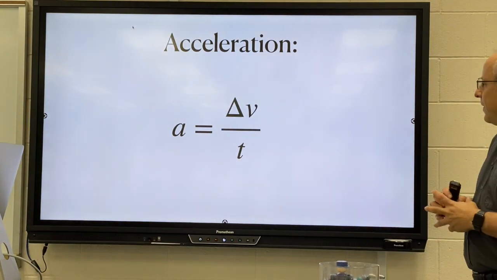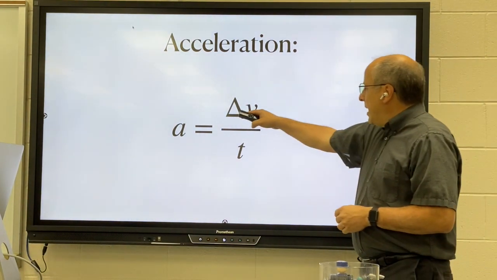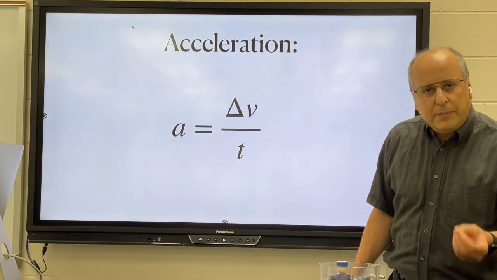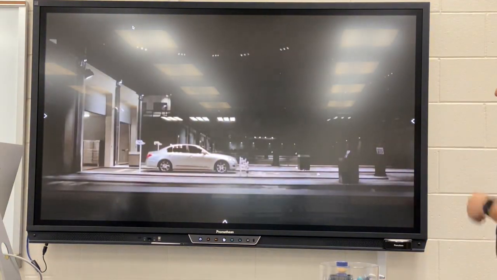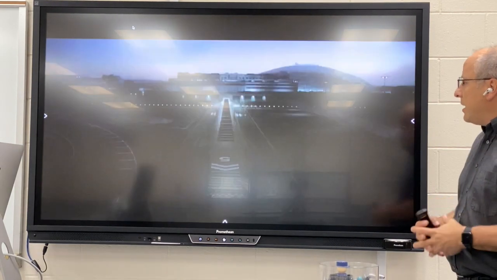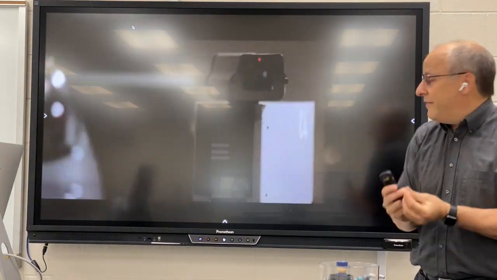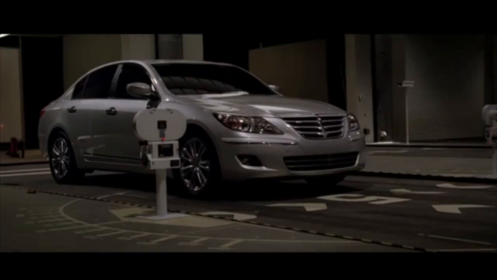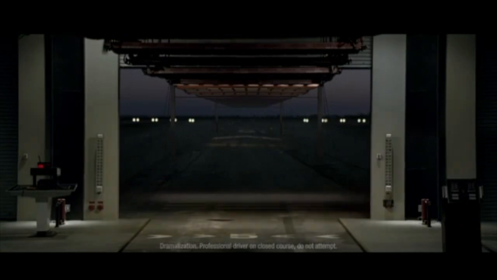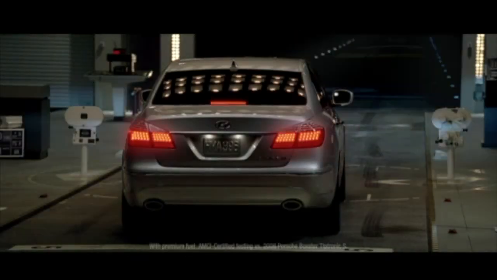Okay, so again, you find acceleration by figuring out how much the velocity has changed, and you divide by the time it took to make that change. So for instance, with this car, this Hyundai Genesis, it can go from 0 to 60 in 5.7 seconds.